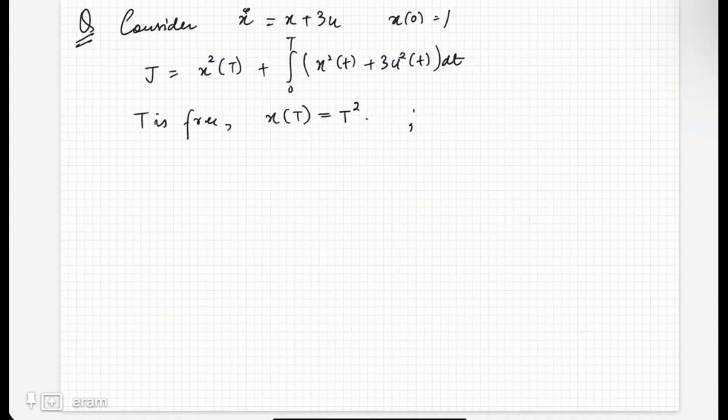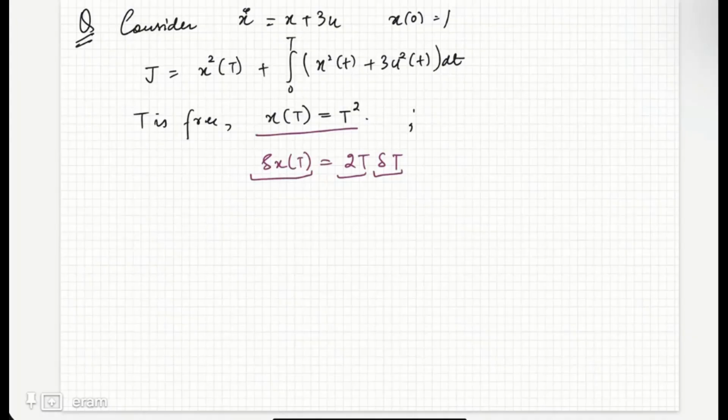Then how can we solve? Now since x of t equals t square, the derivative of x of t with respect to x of t will be 1, and the partial derivative with respect to t will be 2t delta t. So that means the variation of x of t is related to the variation of t by the factor 2t.